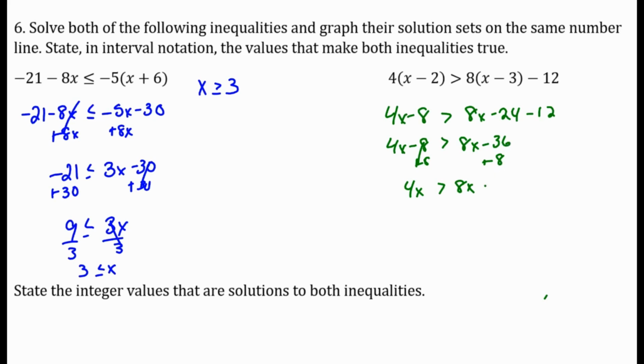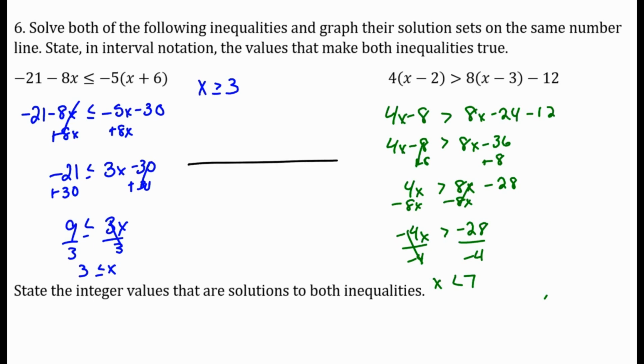We can keep going on. Negative 28. You probably did this a different way, but we're going to end up with the same answer, which is great. I now have to divide by negative 4. Warning, warning, warning. Whenever you divide by a negative, flip that sign. X is less than 7.